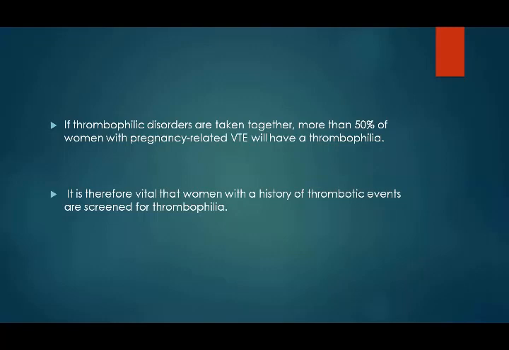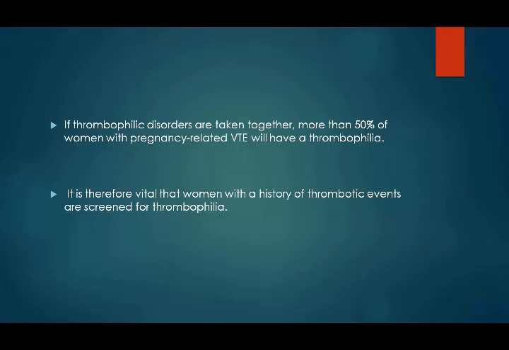So it means that a large proportion of ladies with hereditary thrombophilias can have thrombosis in pregnancy. So what do we conclude then? That definitely these ladies should have a prophylactic regime in pregnancy, in the antenatal and the postpartum period, to be prevented from a thrombotic event.